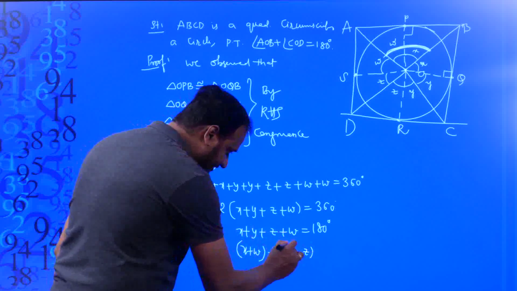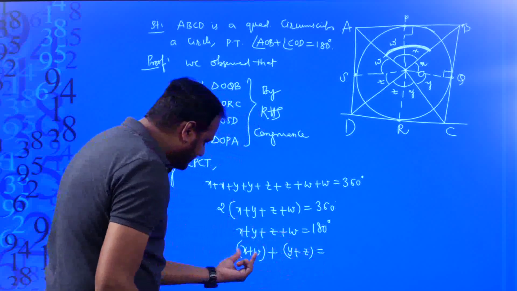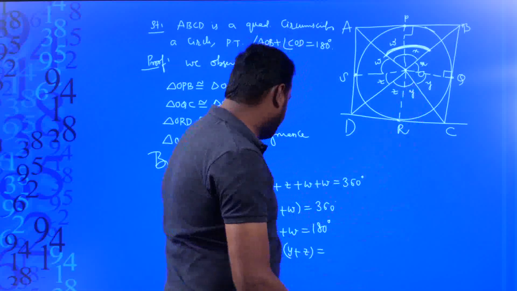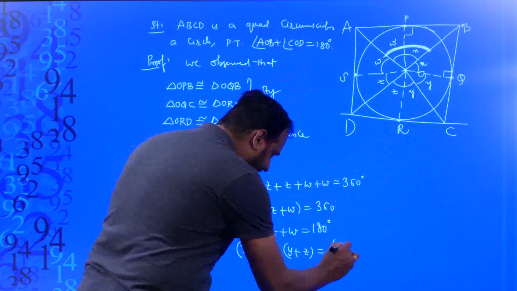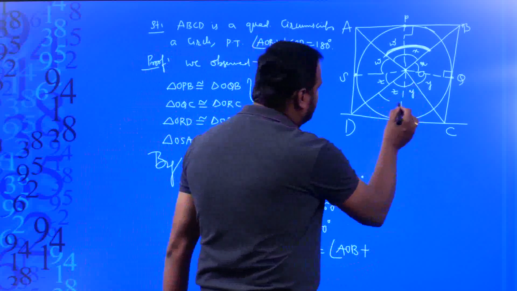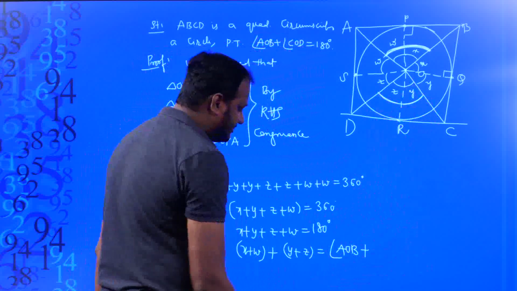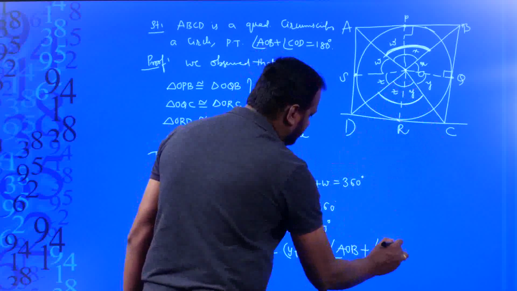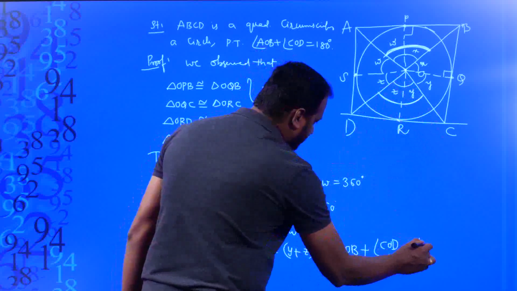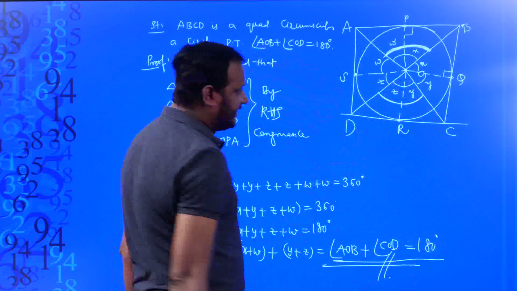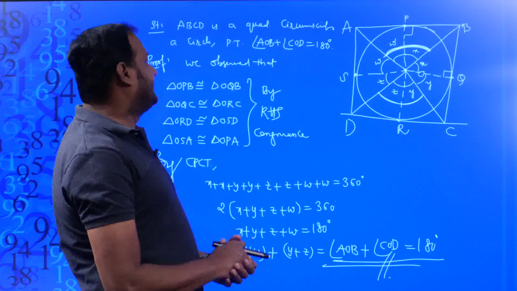Instead of x plus w, can I write angle AOB? So, angle AOB plus, instead of y plus z, I am writing angle COD, which is equal to 180 degrees. So, this way we can prove this statement easily.